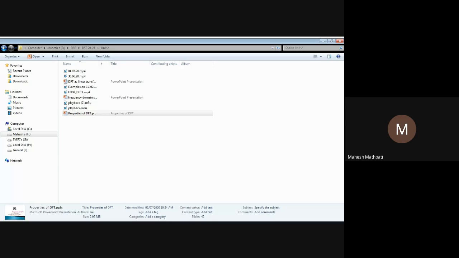Perform circular convolution of the sequence x1 of n equals 3, 6, 4, 8, 5 and x2 of n equals 1, 2, 3.